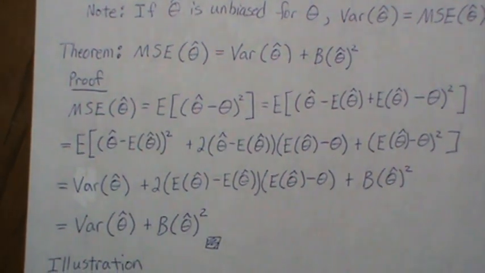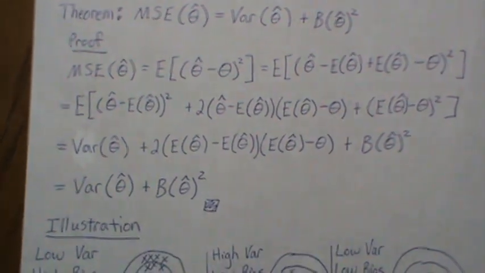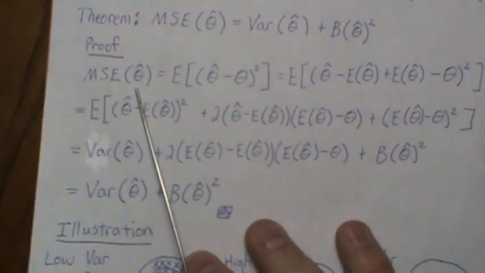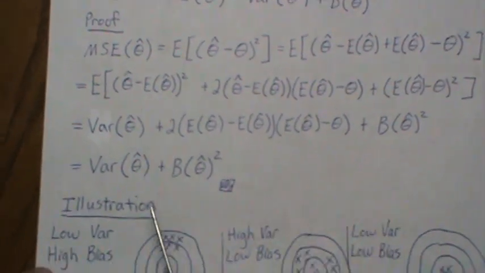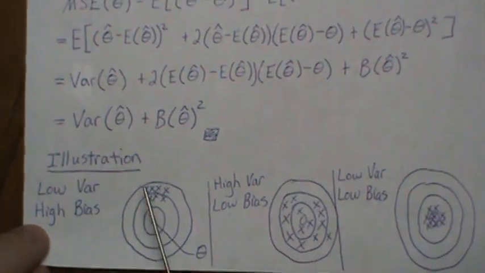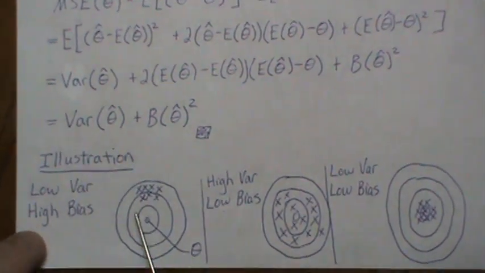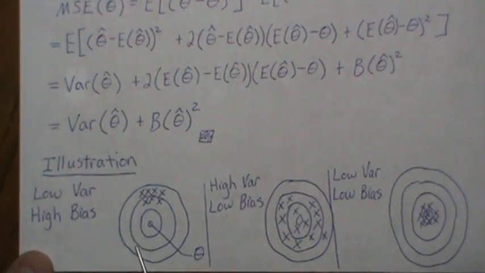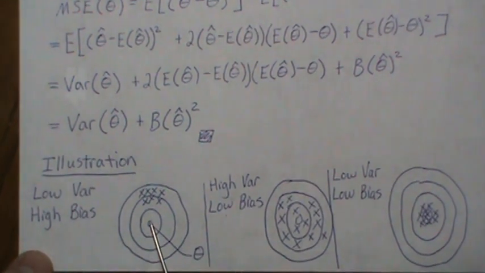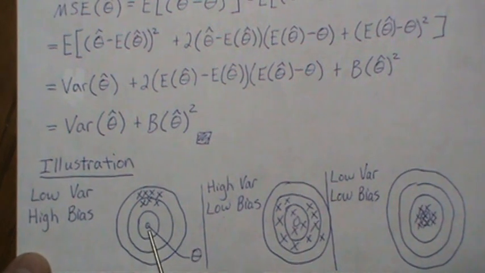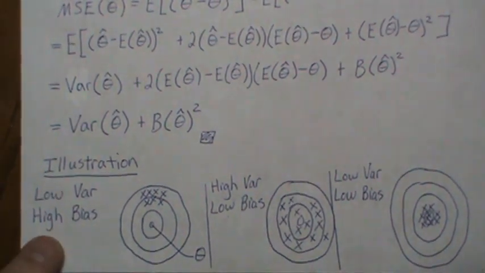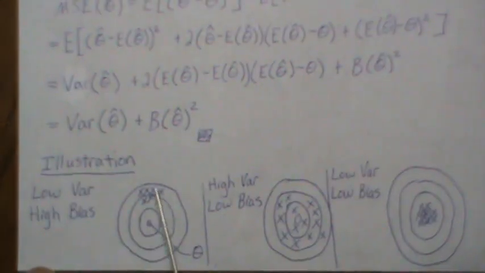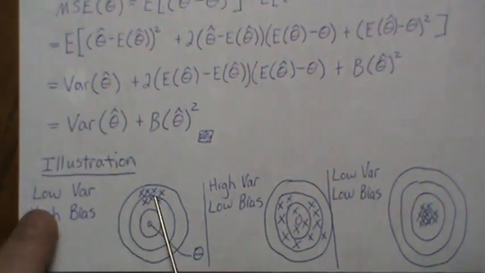And now, as an illustration of these two components, remember that mean square error is the average squared distance. To illustrate this with a picture, pretend this is a bullseye, and right in the middle is our estimator theta. It's a constant. And so we're throwing darts, or our estimator estimates values here.